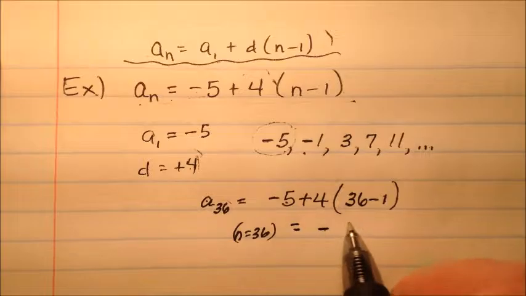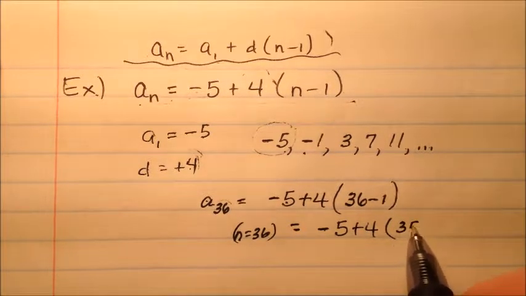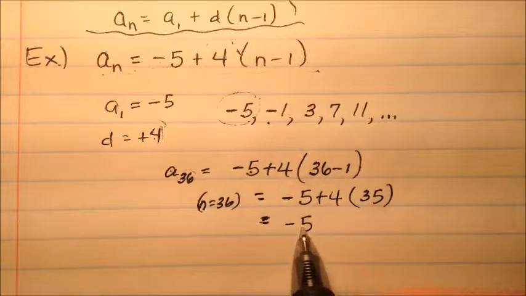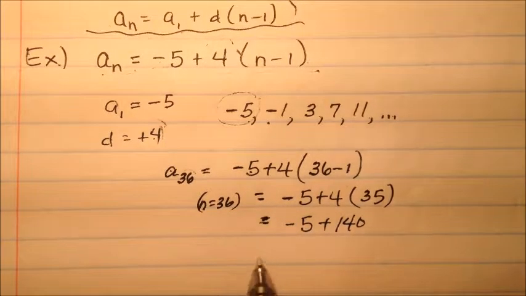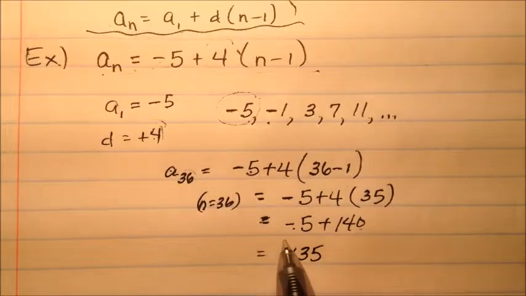So when I do this, it'll be negative 5 plus 4, and then, of course, 36 minus 1 is 35. So negative 5 plus 4 times 35, which is 140, and negative 5 plus 140 is 135.